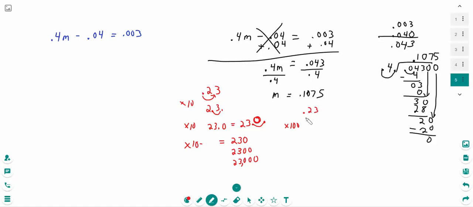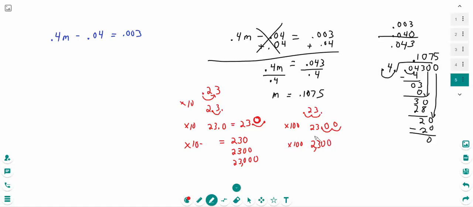So if I take 0.23 and multiply it by 100, this will move twice, and we end up with 23.0, right? If I multiply that by 100 again, we're going to move another two positions. So we'll go 1, 2. We have to add a 0 here. So we end up with 2,300, right?